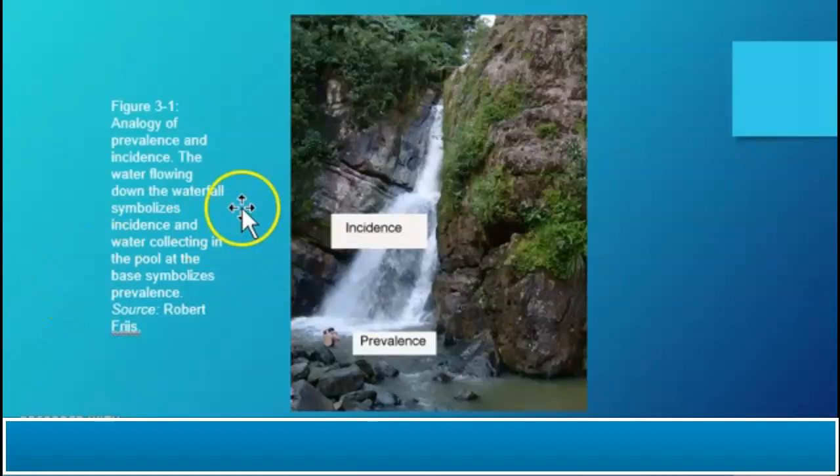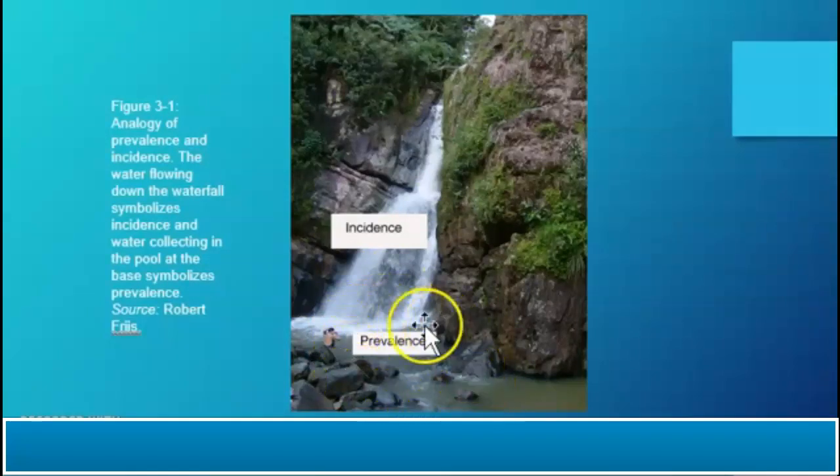If you have been to a waterfall, this is a gorgeous waterfall, and it actually brings home the point of the difference between incidence and prevalence. Prevalence would be considered the pool. So it's all of the water.